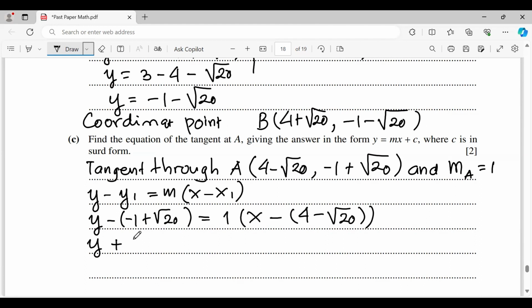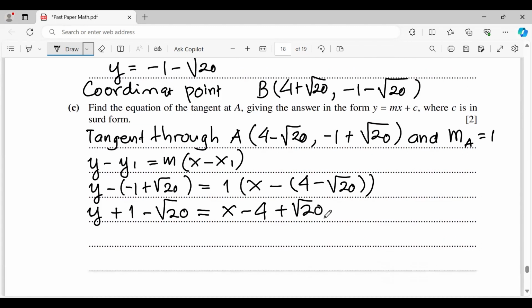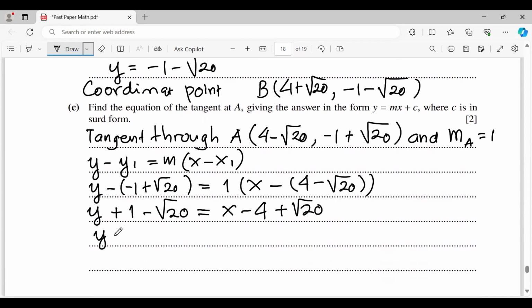Y plus 1 minus square root 20 equals x minus 4 plus square root 20. So it's going to be y equals x minus 4 minus 1, then plus square root 20 plus square root 20.